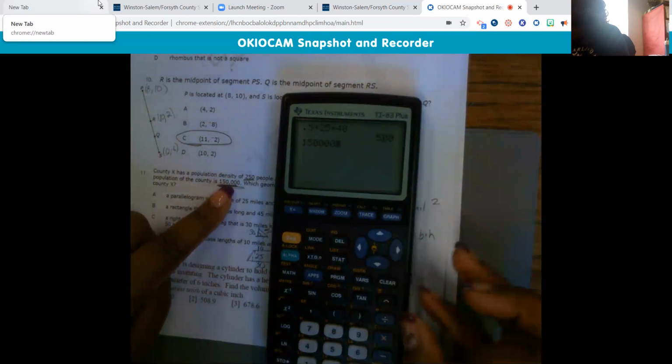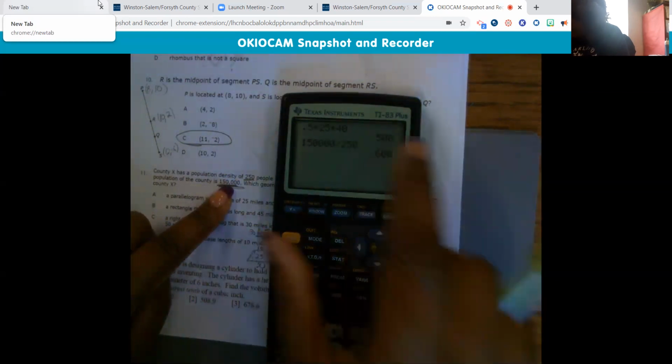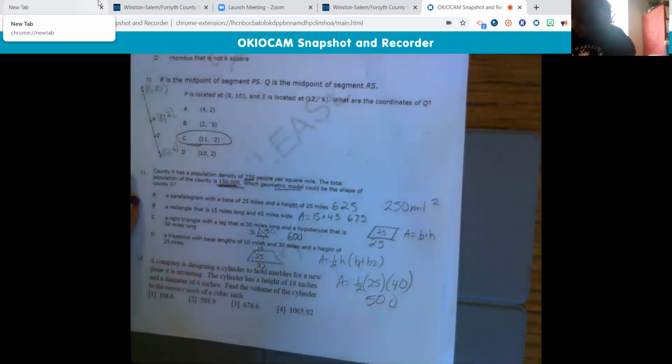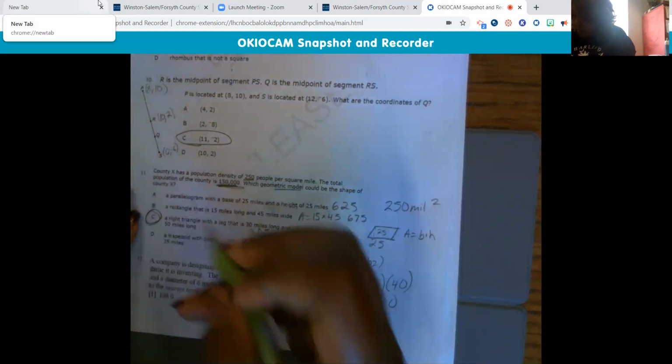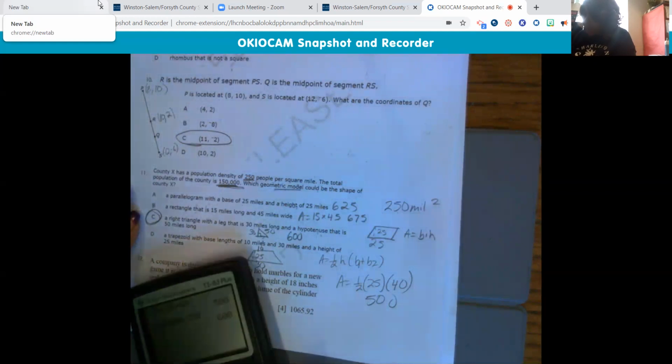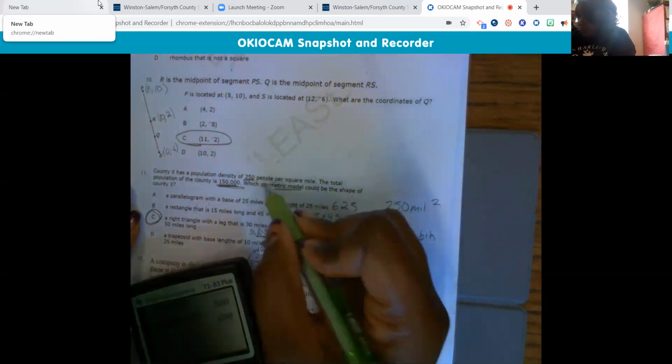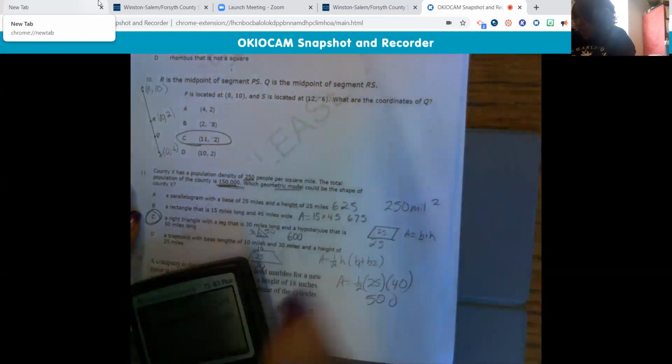So we got 1. I read that completely wrong. 1, 2, 3, 4. So we did 150,000 divided by 250. That's 600. Okay, so my answer is 600, which is going to be C. Yeah, I messed that completely up because it is 250 people per square mile.